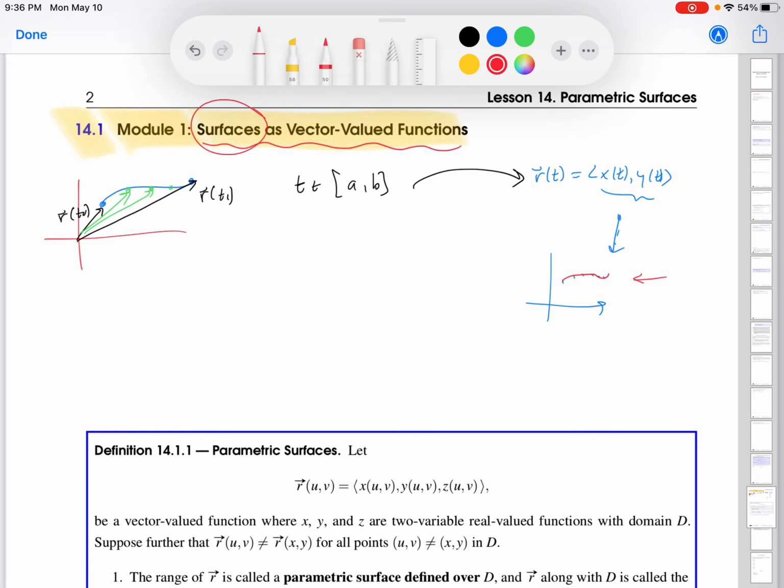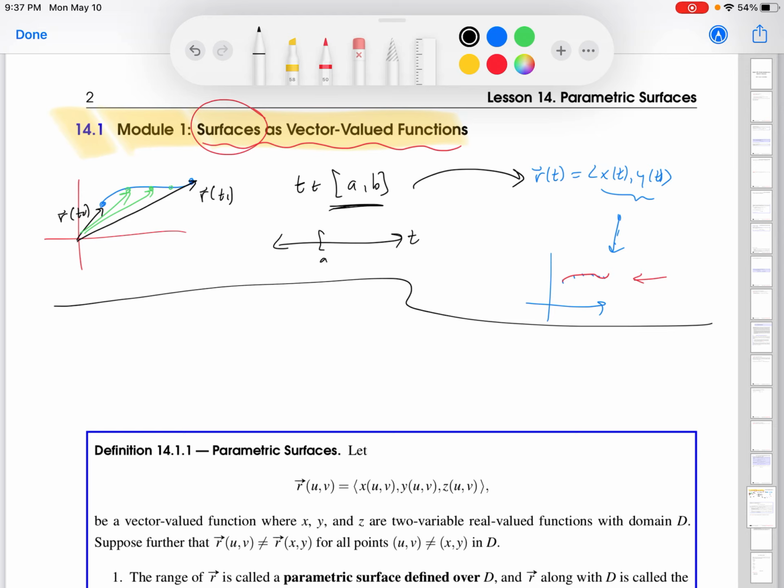So rather than having an interval in the x-axis or the t-axis from a to b that we choose a particular t value in, and then that generates an x of t, a y of t, which then generates a point, what we're going to do now is we are instead going to bump up the dimension. So you'll see that most of these parametric surfaces are choosing points from a two-dimensional space where u and v are the axes, and there might be some blob.